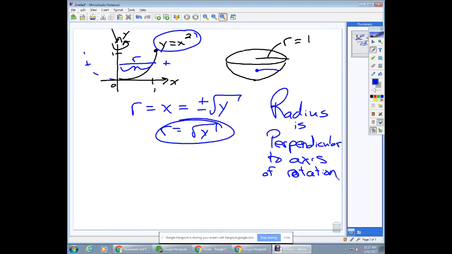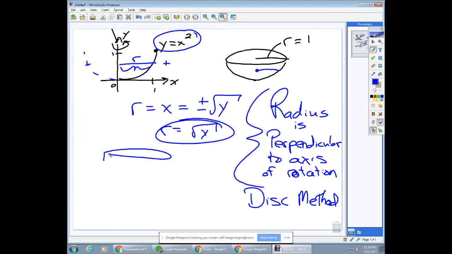When I have a situation like that, this is what's called the disk method for doing volumes. Okay, so we're generating disks. So that right there means we're using the disk method. And so I need to describe what my circular disks look like.